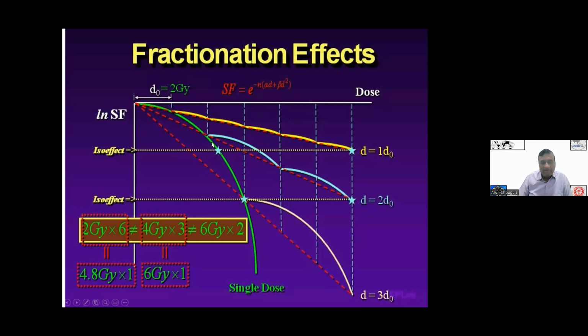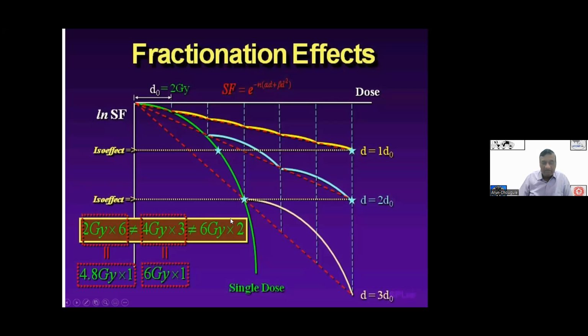But if I give the same 12 gray as 4, 4 and 4, the effect will be much higher. So 2 gray into 6 fractions is not equivalent to 4 gray into 3 fractions.